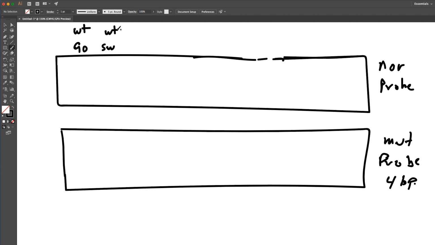So I'm going to put wild type up here. Then we have an individual who is Jewish, and they are a carrier of this 4 base pair mutation.